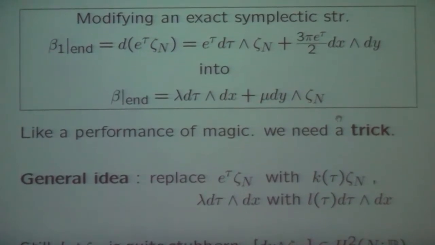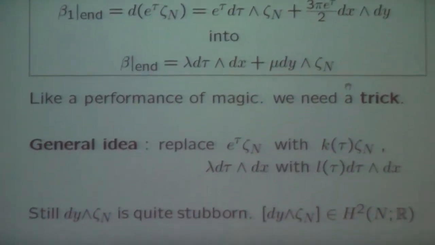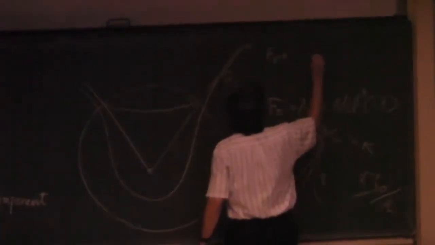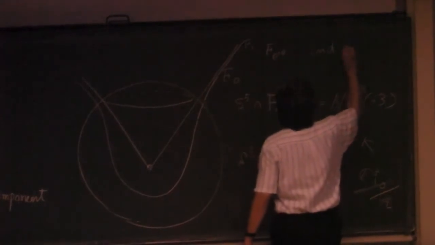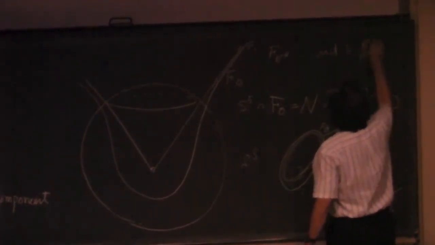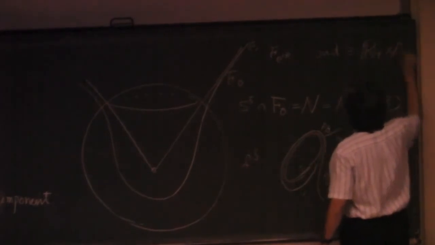So the end of the F1 is the same as the end of F0, and the end is diffeomorphic to a half line times n.